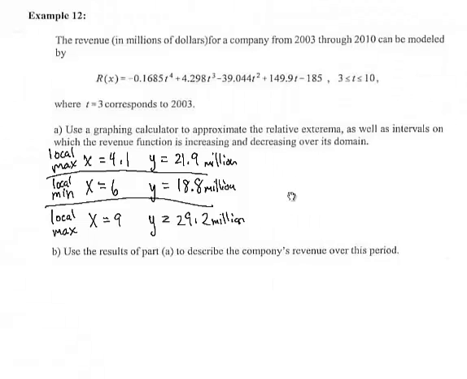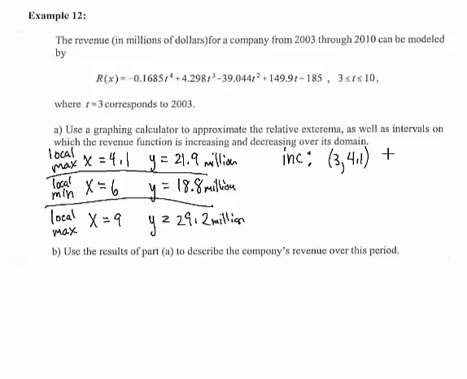So now we're ready to write out our increasing and decreasing intervals. Increasing intervals, well, that starts at 3, and we probably want to stay consistent with WebAssign, so we'll simply use parentheses, 3 to the first local max, 4.1.